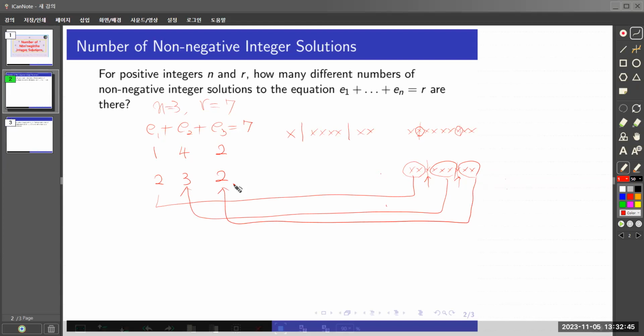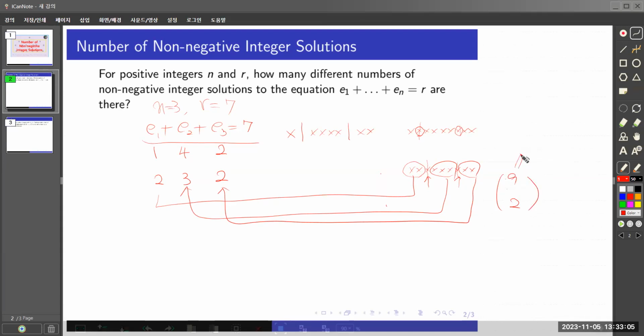So the number of integer solutions to this equation is that you want to choose 2 x's out of 9. So you want to choose 2 out of 9 in here.